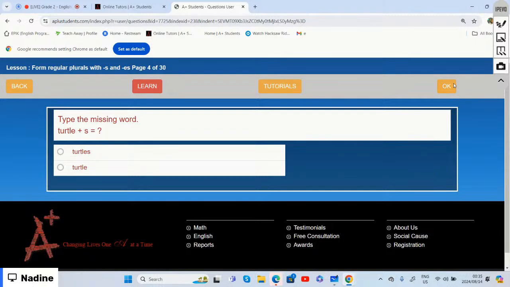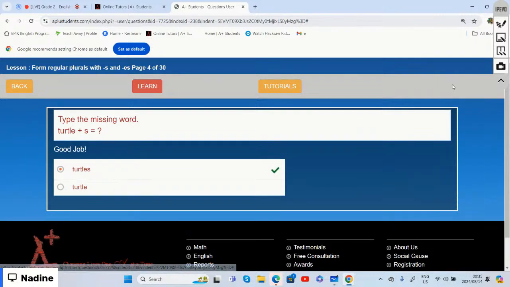All right. So if we say turtle plus S to basically make mention that there's more than one, then we say it is turtles. So well done. Turtles is correct. So good job.